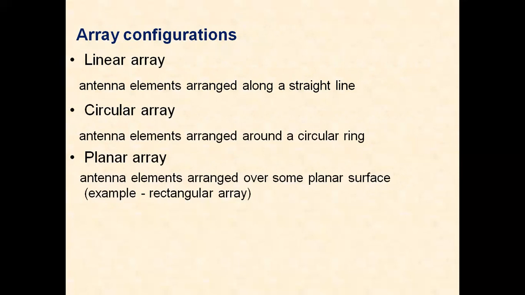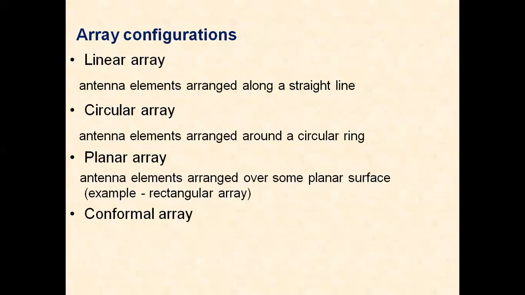So, in a linear array, the antenna elements are arranged along a straight line with equal spacings. In a circular array, the elements are placed around a circular ring. In a planar array, take a plane, for example a rectangular plane, and the elements are placed over that surface.